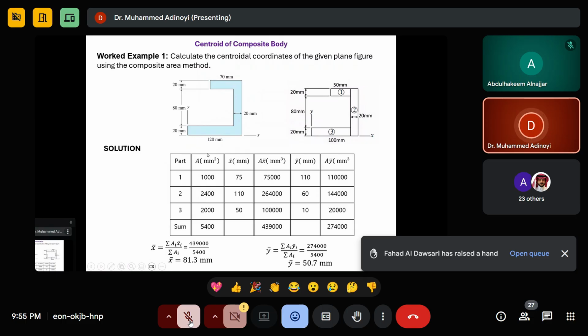Then you add the A together, the A x bar together, and the A y bar together. To find the coordinate of where the centroid will lie, divide this one by this one and this one by this one, which means the centroid lies at a coordinate of 81 in the x and 50.7 in the y.